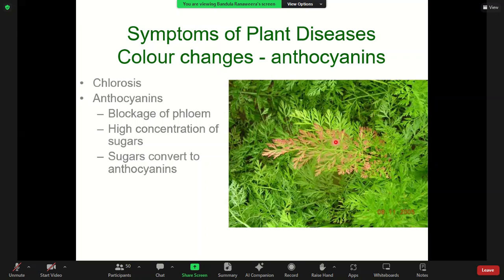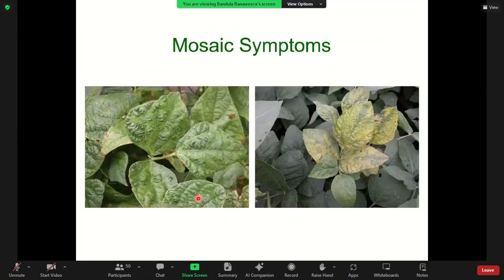Therefore, those increased sugar amounts will be converted into anthocyanins, and anthocyanin is causing this color change. Then some pathogens are affecting the development of proteins and protein-based pigments like chlorophyll.